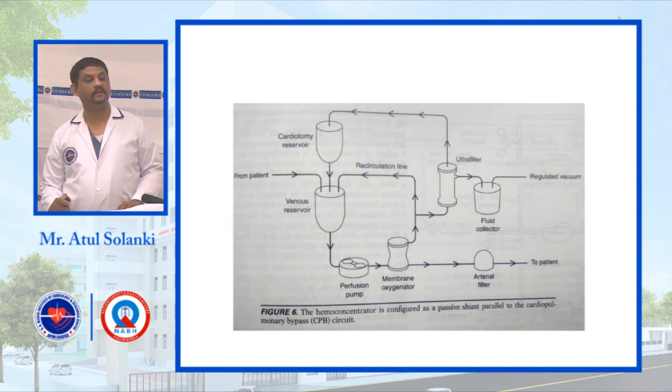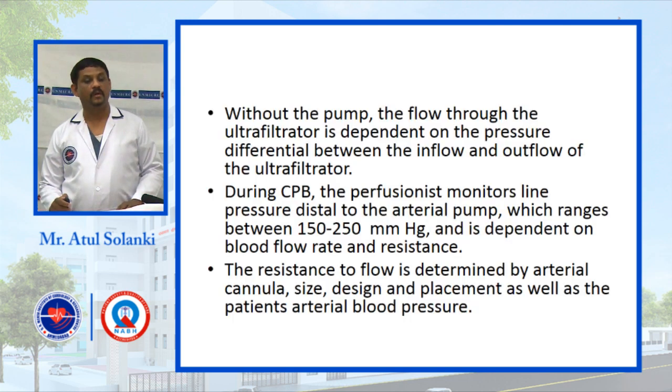This is a figure where we can see the arterial to venous ultrafiltration technique, from membrane to hemofilter and hemofilter to the reservoir. Without a pump we can also use the ultrafiltration technique, but for that we require a minimum of 150 to 250 mmHg of pressure to generate a transmembrane pressure.